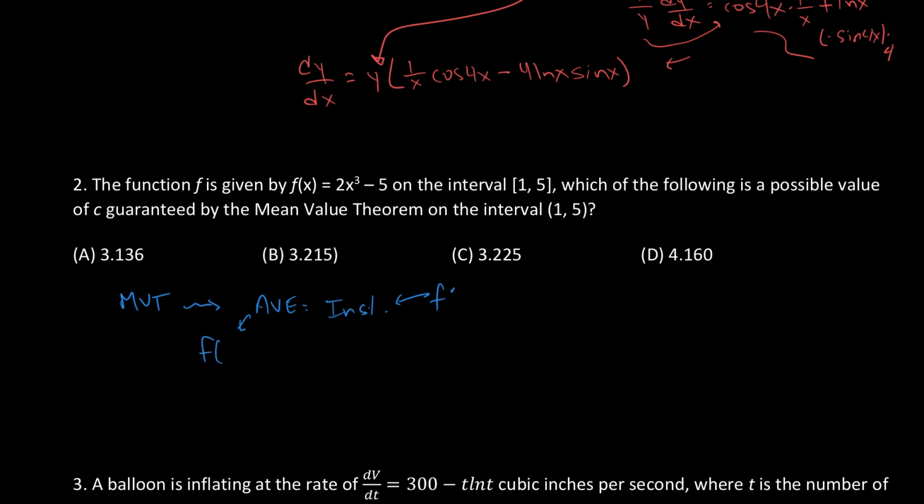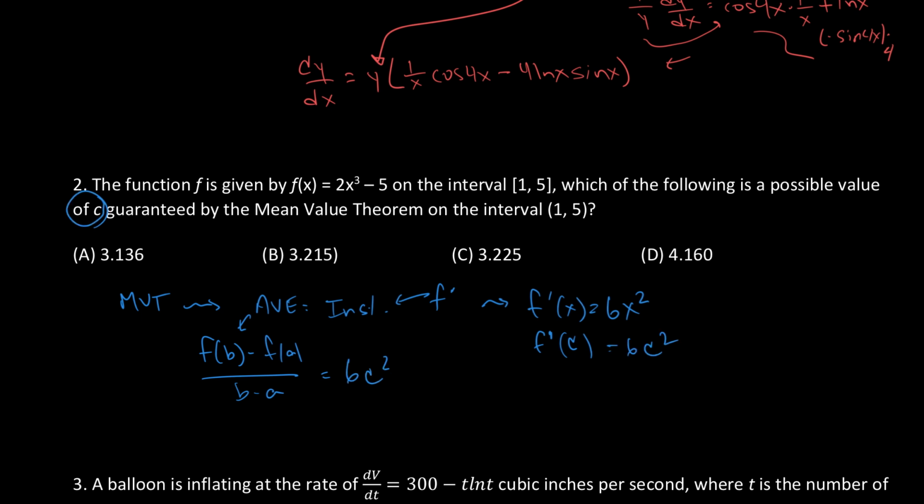So that would be f of b minus f of a all over b minus a, while the instantaneous would be f prime. In this case, if I take the derivative, f prime of x, I would get 6x squared, and I would need this to happen at c because they want the value of c, so this would be 6c squared.